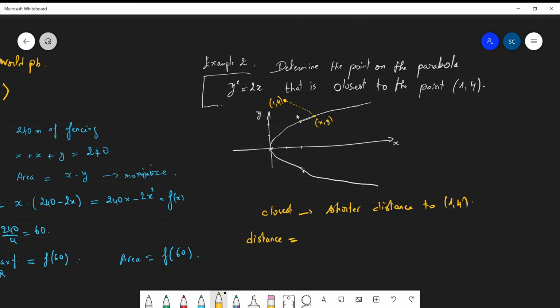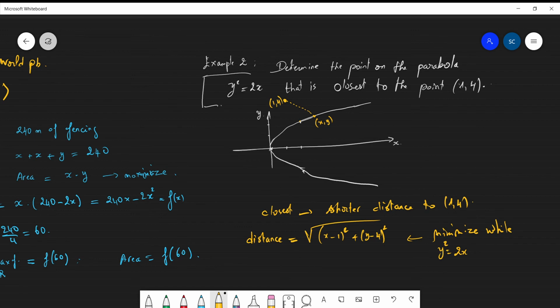We can compute it. We have the coordinates of the 2 points. It's the square root of (x minus 1) squared plus (y minus 4) squared, and we want to minimize this quantity, while the point x, y remains on the parabola, so 2x equal y2.